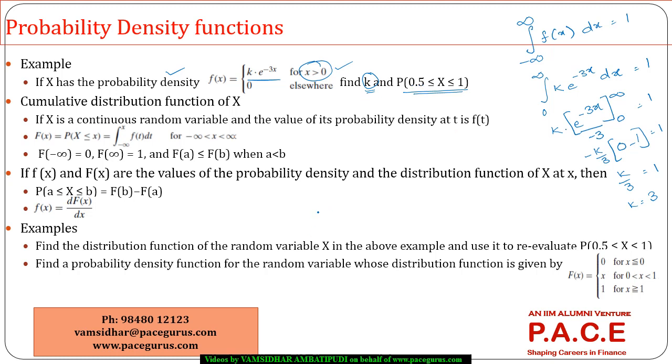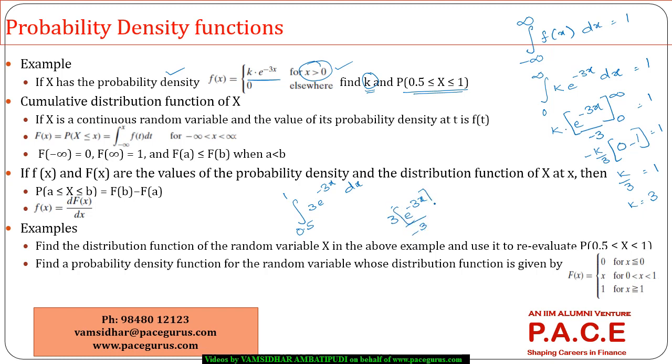Then now I should be able to find the probability of 0.5 less than or equal to x less than 1. So I am integrating between 0.5 and 1, 3 e power minus 3x dx. The integral is 3 into e to the power of minus 3x divided by minus 3.